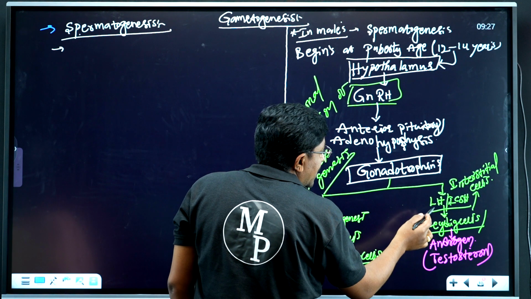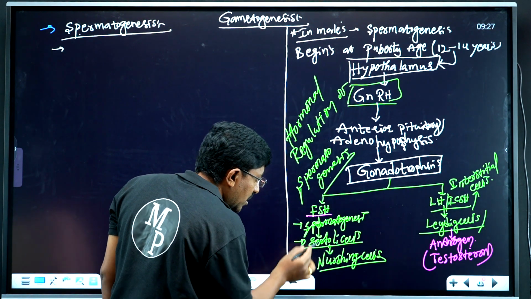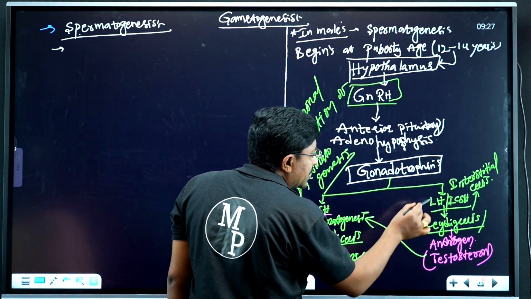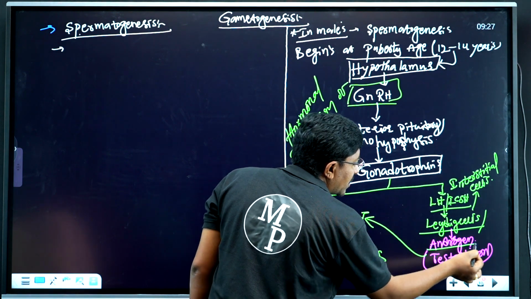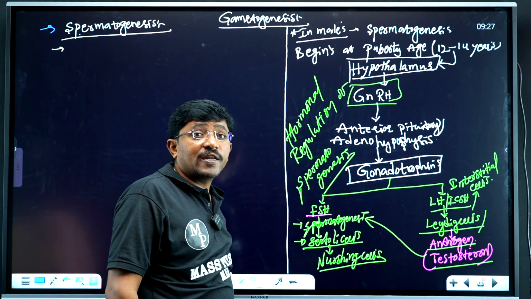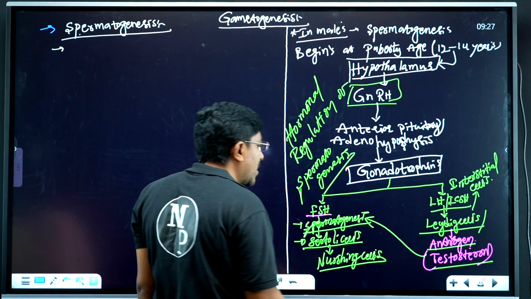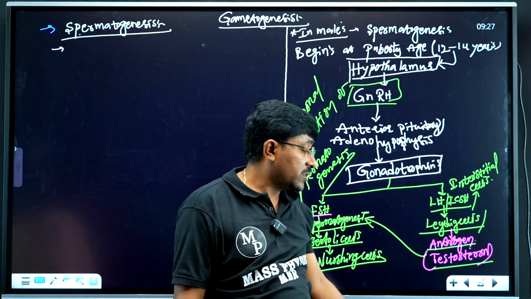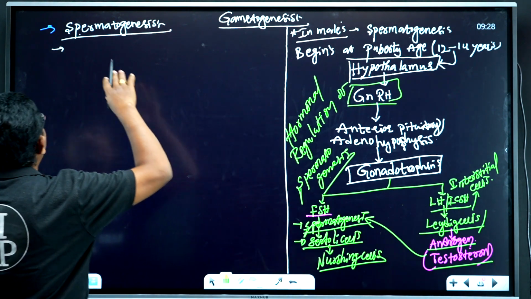FSH stimulates the Sertoli cells for nourishing and initiation of spermatogenesis, and LH acts on the Leydig cells. The Leydig cells produce androgen, the hormone testosterone, which again helps spermatogenesis and the maintenance of male reproductive characters.